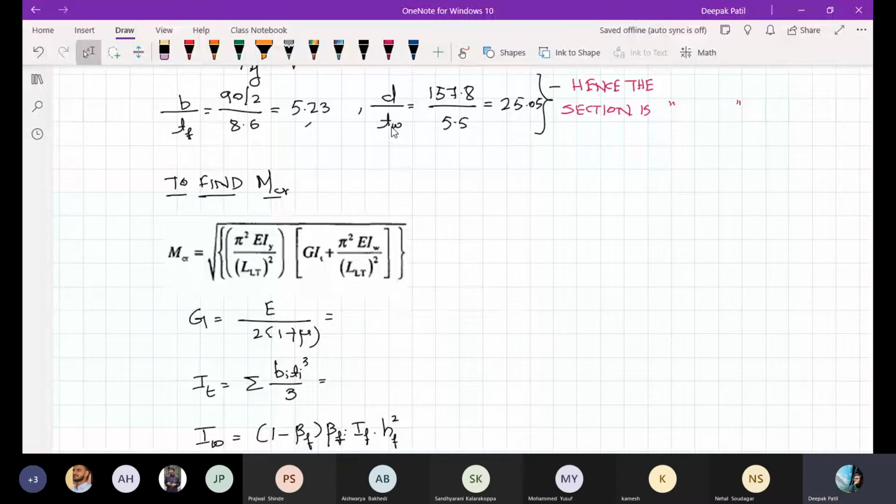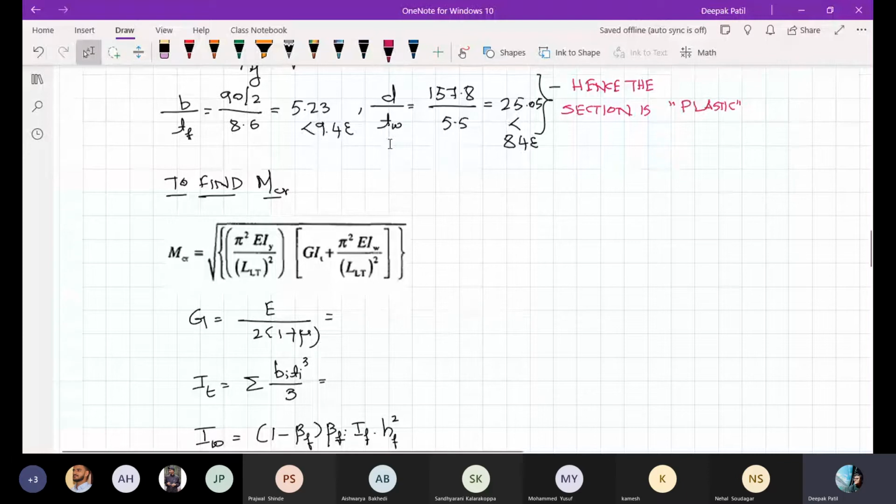And I can see that this is less than 9.4 and also less than 84, that is 9.4 epsilon and 84 epsilon. So this tells me that my chosen section is a plastic section.